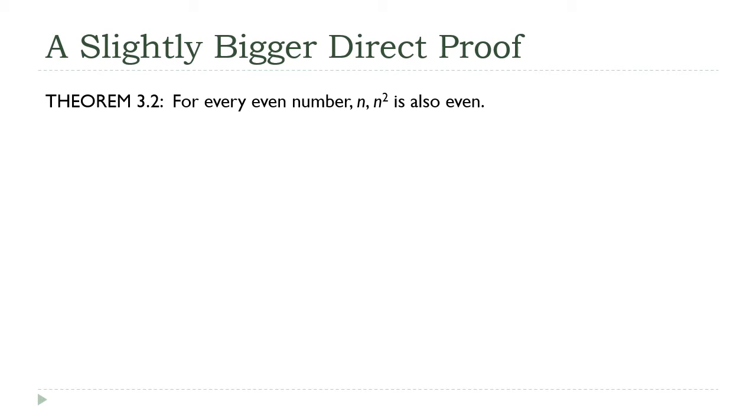So I would write: if n is even, so that tells me what I'm starting off with, then n squared is also even. Now I know where I want to end up. I need to show that n squared equals 2 times some integer. If I can do that, I'm home free.